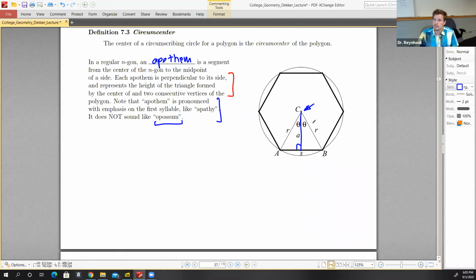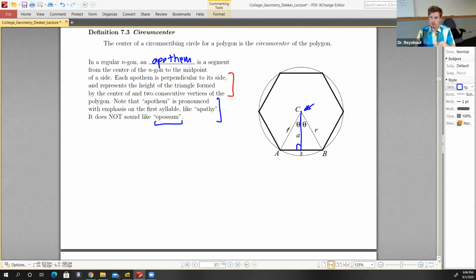For theta, we want to recognize that to complete the circle, we would have to have 2n of these thetas. So here on our hexagon, there's 2 of them for this 1/6 of the circle. So you would need 2 more, 2 more, 2 more, 2 more, 2 more. All right, so that gives us 2, 4, 6, 8, 10, 12 thetas for a hexagon.